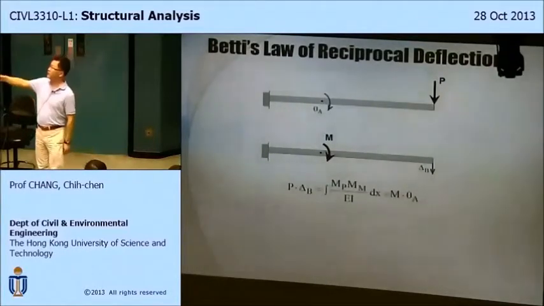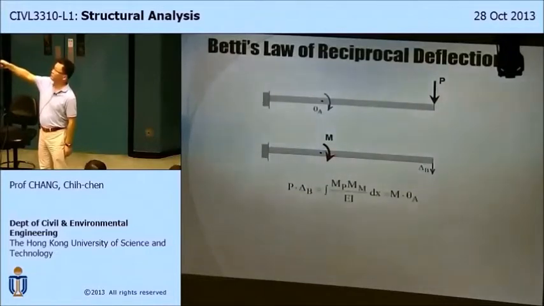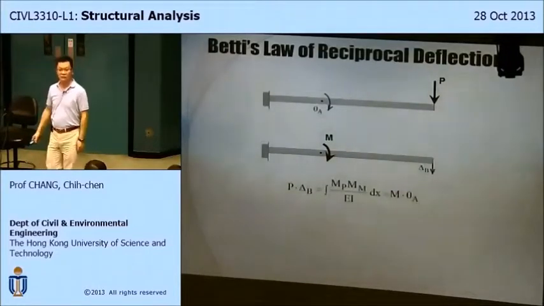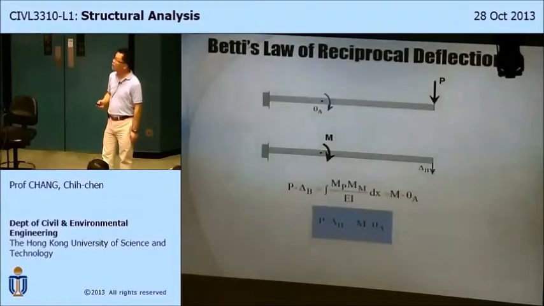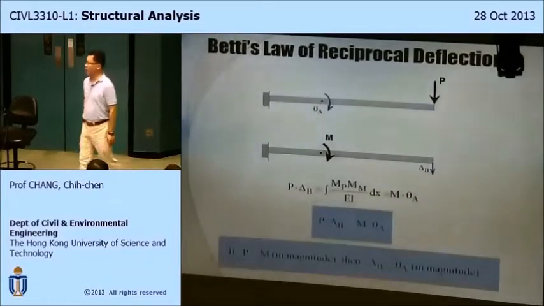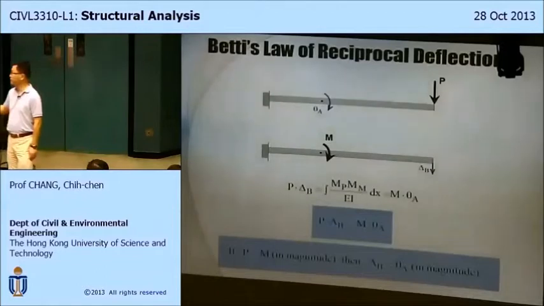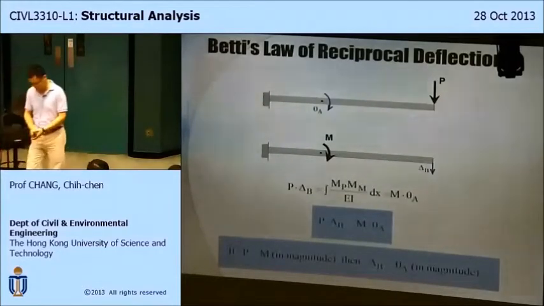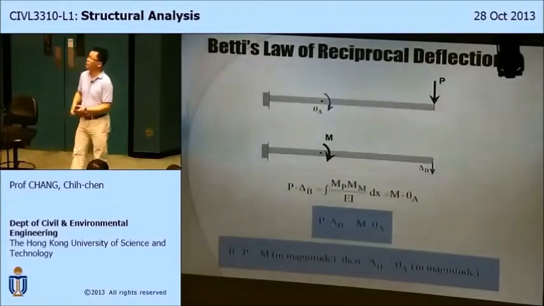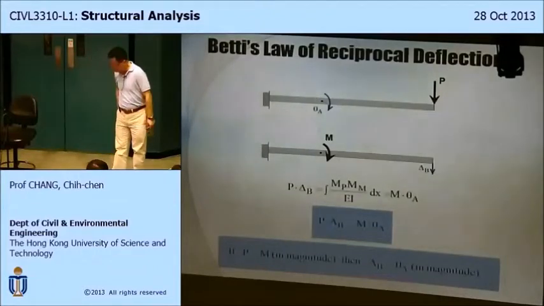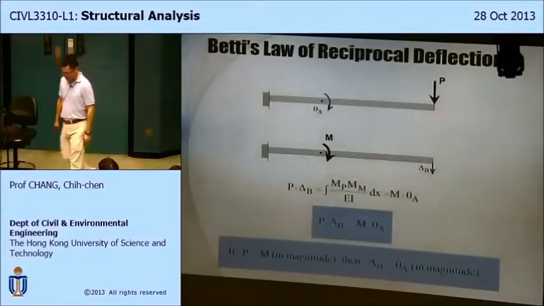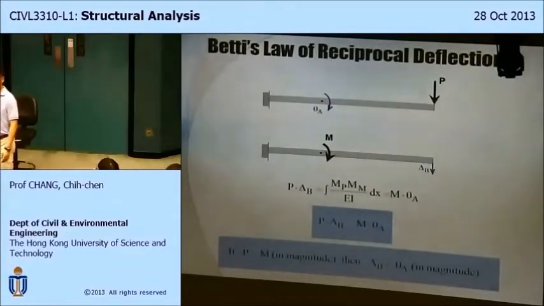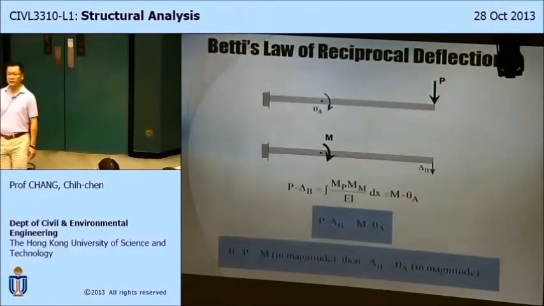If you don't like to calculate bending moment, you can calculate axial force. Okay. If they are equal in magnitude, then the magnitudes of the deformations are equal. So that's called Panties Law. So you can use that to calculate, of course.